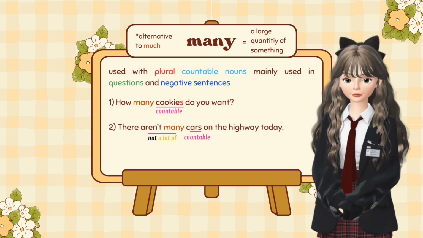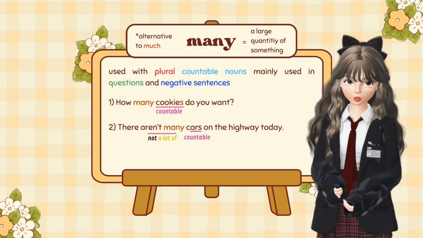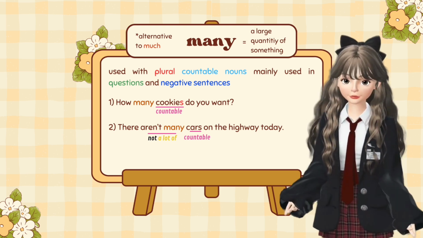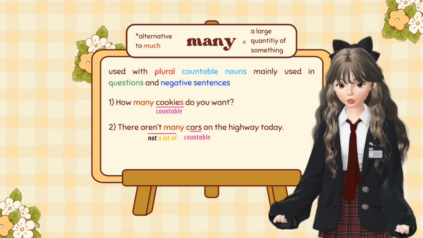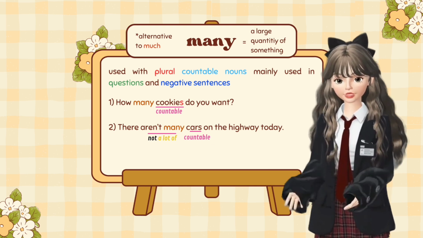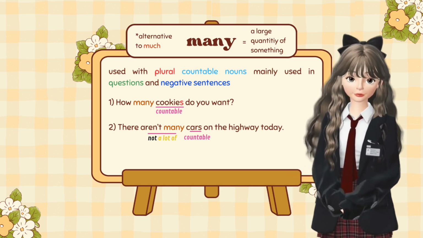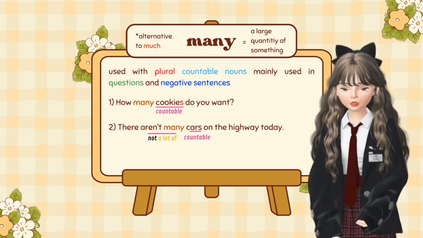Many is mainly used in questions and negative sentences, similar to much. It's a large quantity of something, but many is the alternative to much, because many quantifies countable nouns, like in the first example. How many cookies do you want? Cookies is a countable noun. I can count cookies. 1, 2, 3.